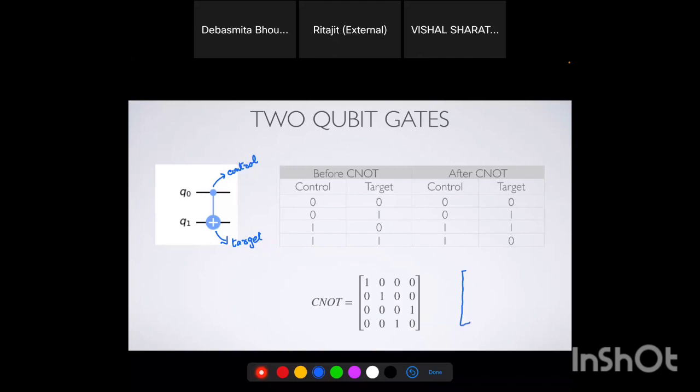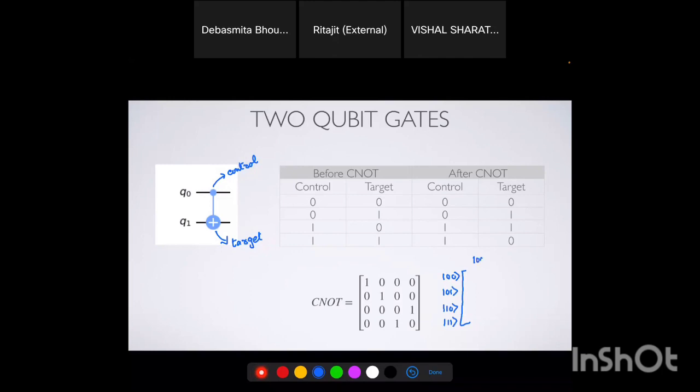You can write something like this. We know that this is two qubits, both of them can be 0, both of them can be 1. We will come to what this means, but for the time being, imagine that we have two qubits: both of them are 0, the first one is 0 and the second is 1, the first is 1 and the second is 0, and the first is 1 and the second is also 1.